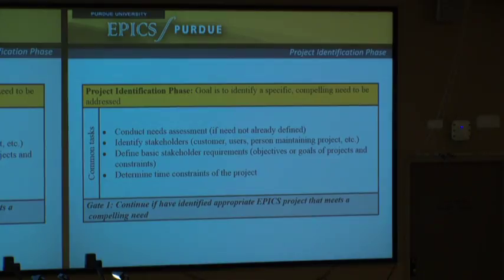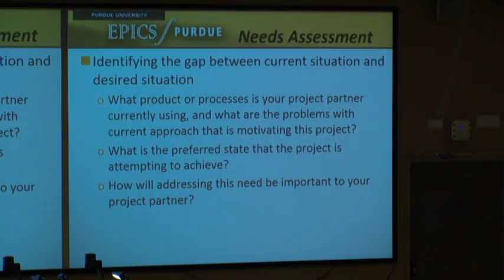This is not getting fully specified, but it's to understand that you have a need, or your community partner has a need, and that the EPICS team is a good match for us to actually begin to look at it. So just, is there an appropriate project that meets a compelling need?